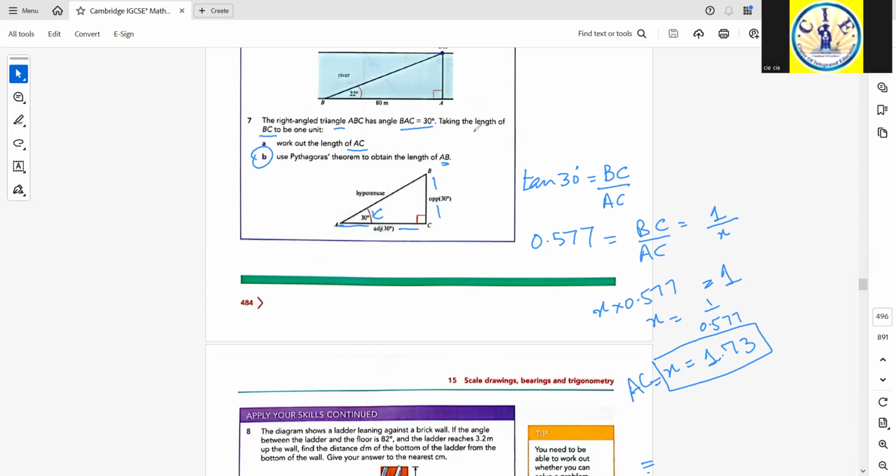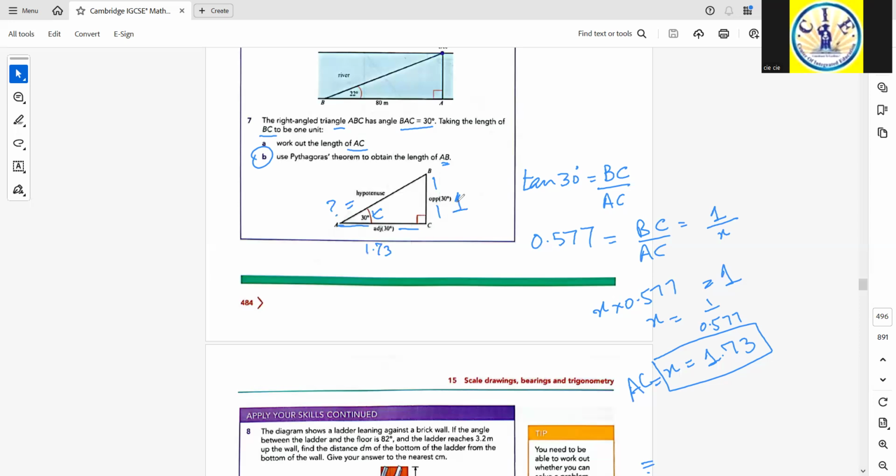Okay, we need to use the Pythagoras theorem and we need to calculate the length of the side AB. Since we have got AC to be 1.73, and the length of BC was 1.